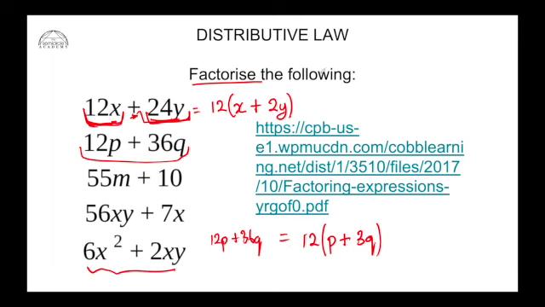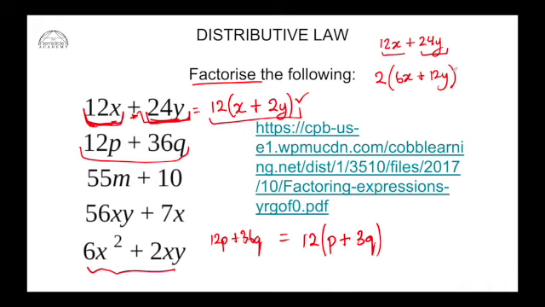Now, I want to make a note of something. We had 12x plus 24y, and we pulled out the 12, as you can see here. And this is correct. Now, we don't have to pull out 12 alone. We could have pulled out 2. If I pull out the 2, then I would have had 6x here, so 6 2s would have given me 12, plus 12y, because 12 times 2 would have given me 24.